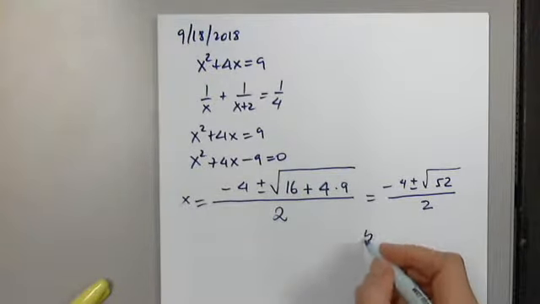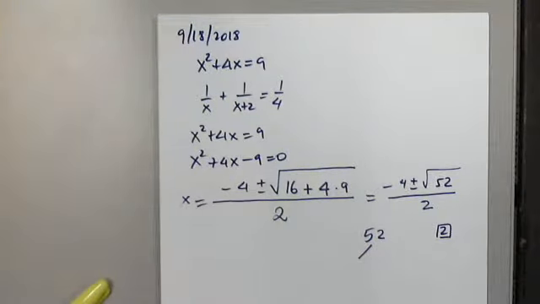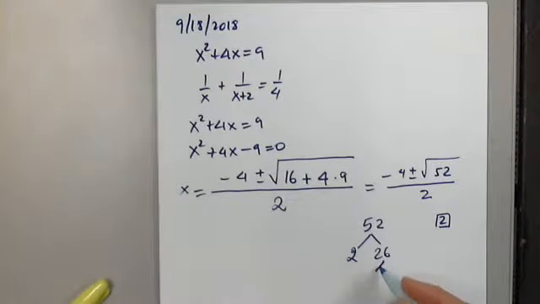So I will say, okay, 52 is, first of all, an even number, so it must be divisible by 2. So I'll put 2, and this is 26. Well, 26 is also an even number. So then I have 2 and 13.